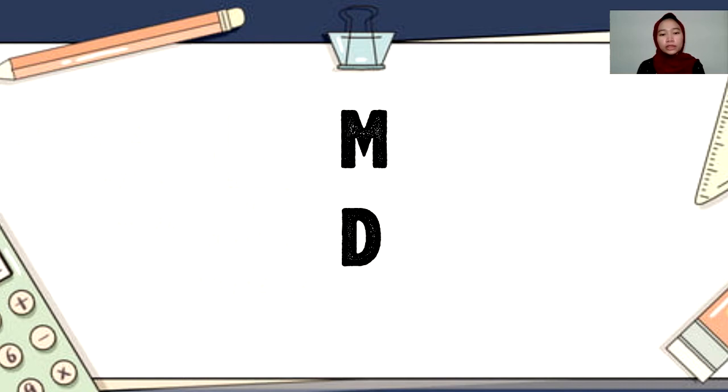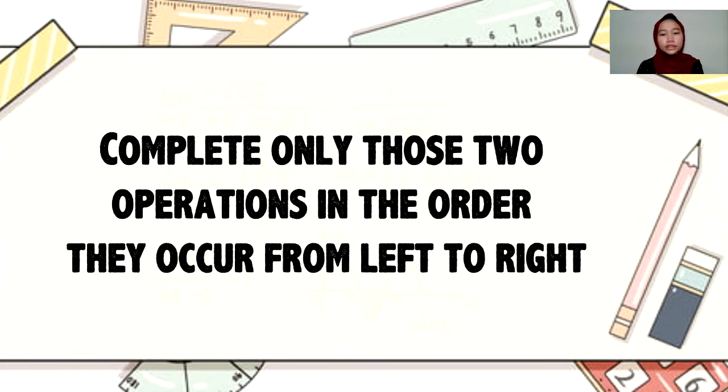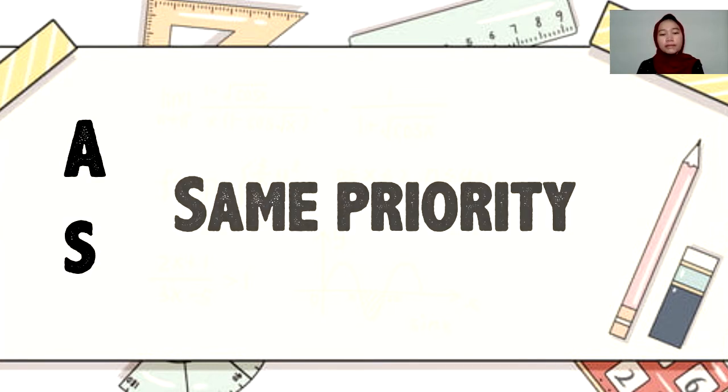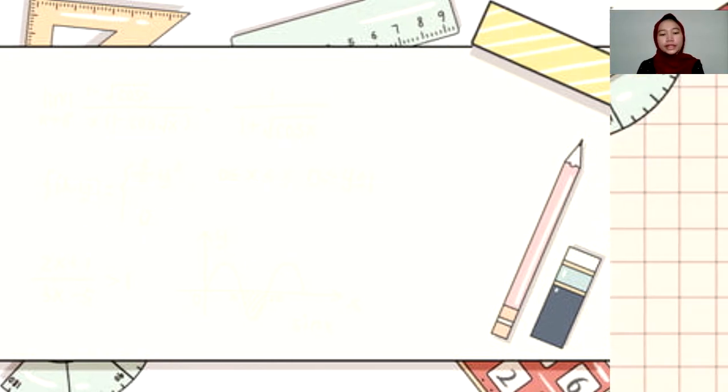Even though M for multiplication in PEMDAS comes before D for division, these two operations actually have the same priority. Complete only those two operations in the order they occur from left to right. Even though A for addition is in PEMDAS before S for subtraction, these two operations also have the same priority. You look for these last two operations from left to right and complete them in that order.